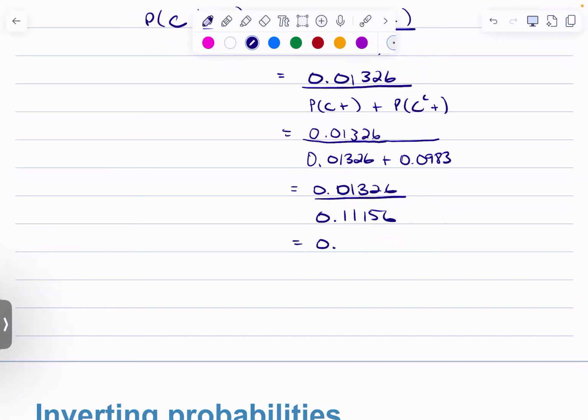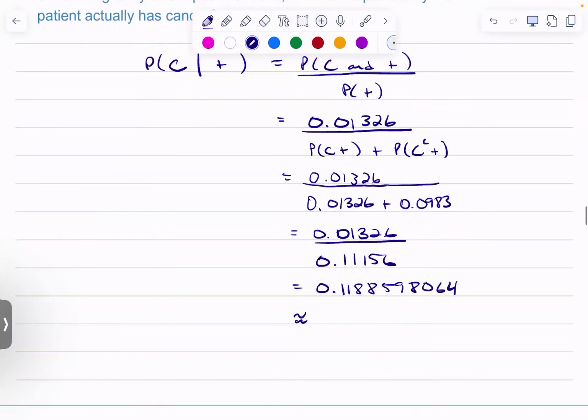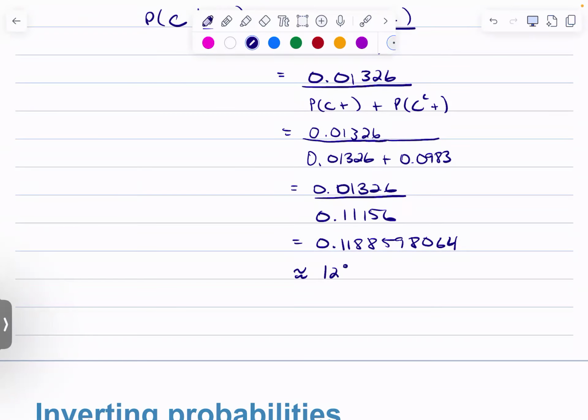I get 0.1188598, or roughly 12%. Very roughly. I'd probably go for 11.9%, but I'm pretty sure she uses it later in an example at 12%, so I don't want to throw you off.